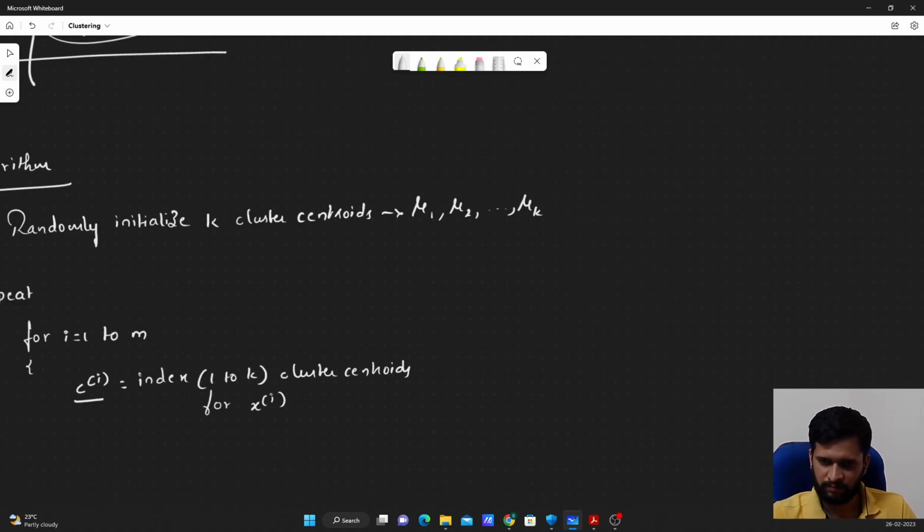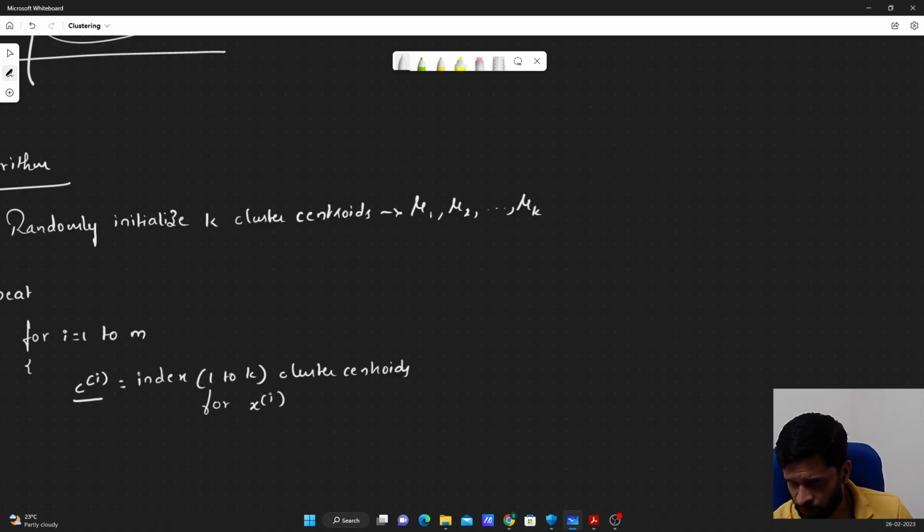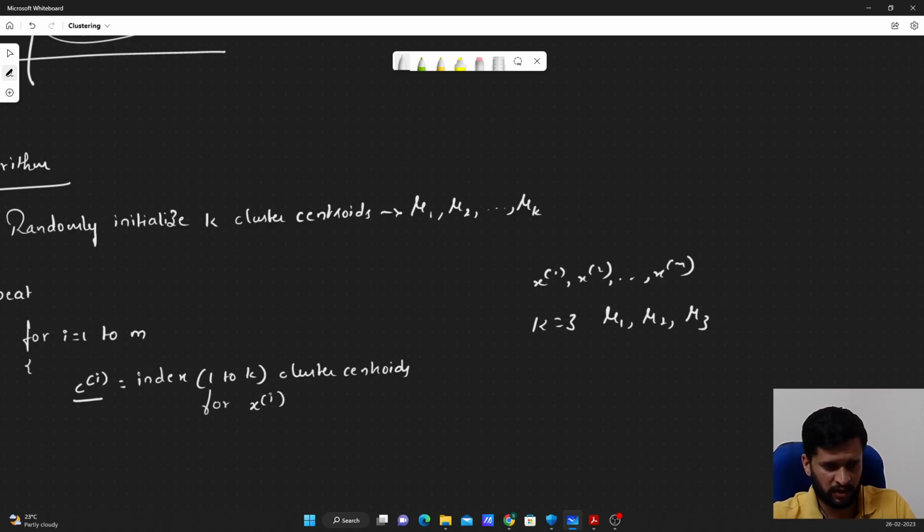For example, let's say we have x1, x2 and up to xm. These are our data points, and we have initialized K equal to 3, so that we have mu1, mu2 and mu3 cluster centroids. Now if c1 is equal to 2, this means that x1 is assigned to mu2.